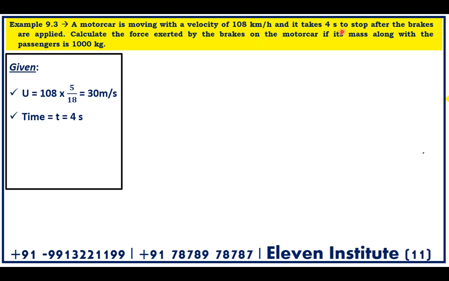And after 4 seconds, the moving car will stop. It will become stationary. So I can write final velocity is 0 meters per second. Nowhere is it written over here mathematically. You have to understand that the car is stopping. It will become stationary. Hence I have to write final velocity as 0 meters per second.